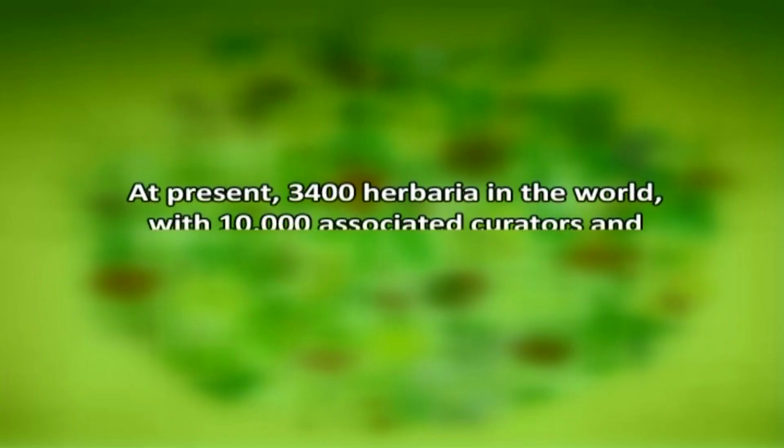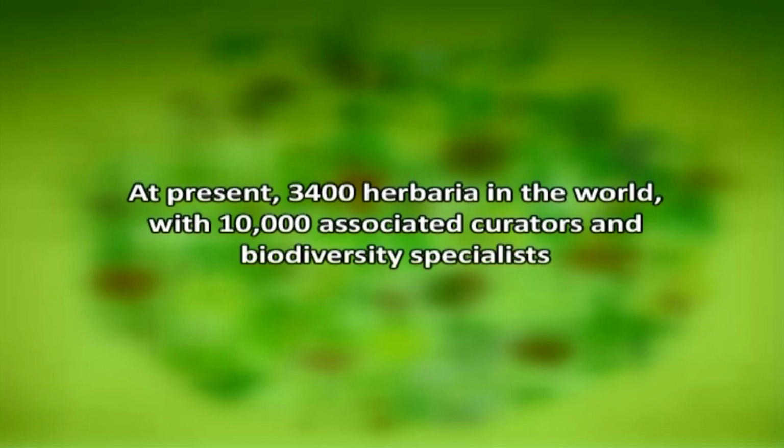During the last 3 centuries, taxonomists have documented the Earth's plant diversity through these dried reference specimens, which are maintained in herbaria. At present, there are about 3,400 herbaria in the world, with about 10,000 associated curators and biodiversity specialists.